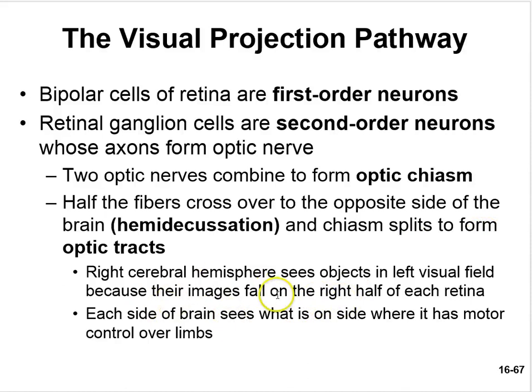The right cerebral hemisphere then sees objects in the left visual field because their images fall on the right half of each retina, and each side of the brain sees what's on the side where it has the motor control over limbs. So it only makes sense when there's this crossover.